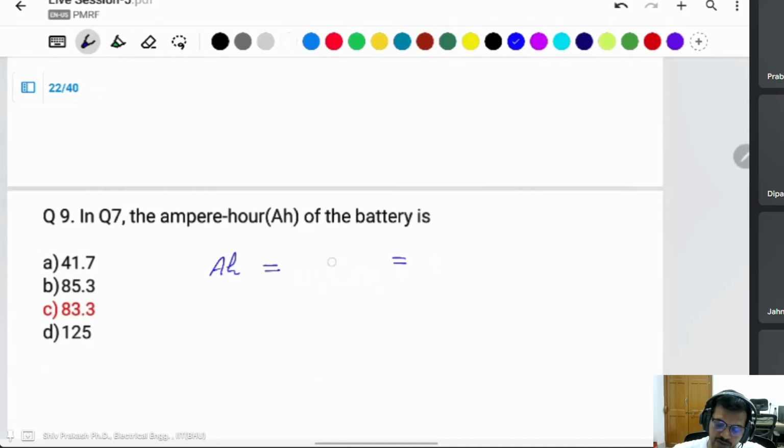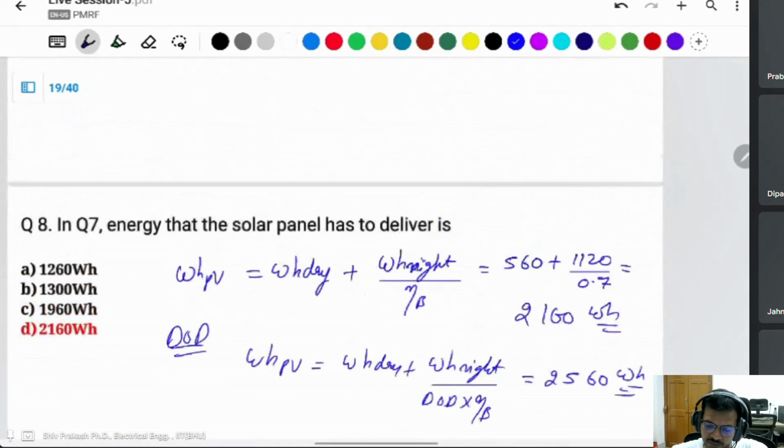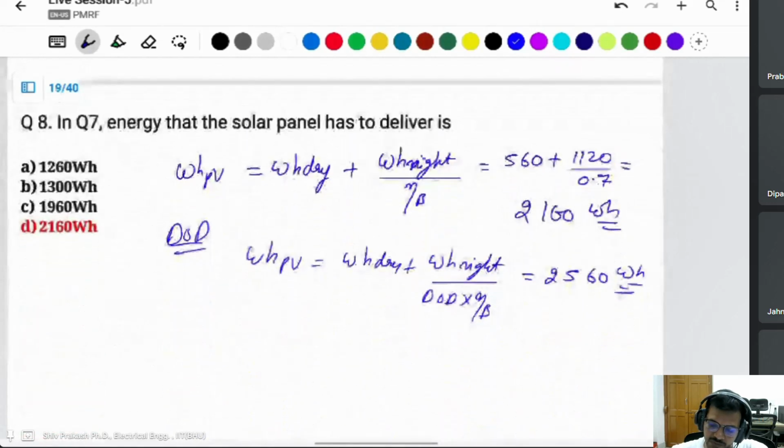The same thing, we have also calculated: total power is 2000 divided by total voltage 24, it will be 83 Ah battery. Is it 2560 if DOD is considered here only.